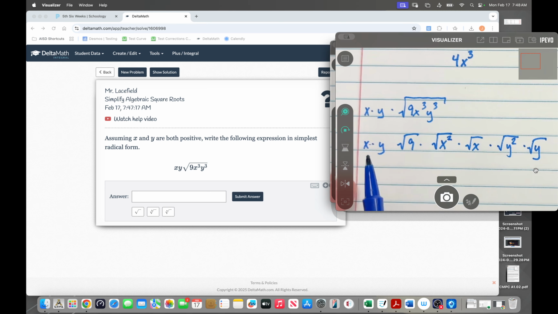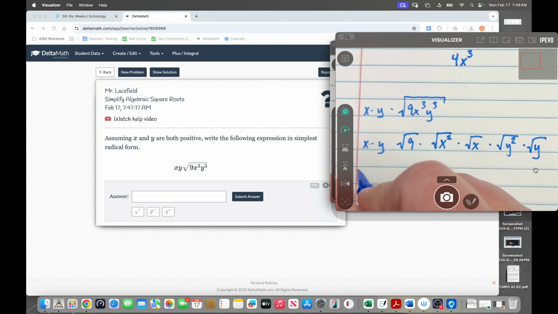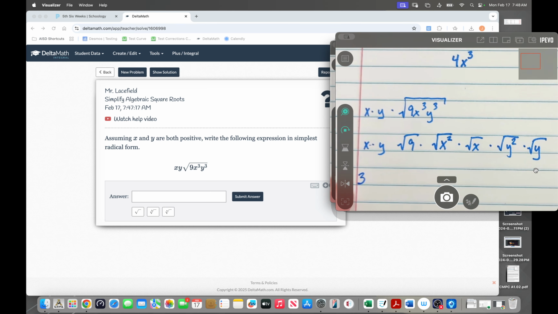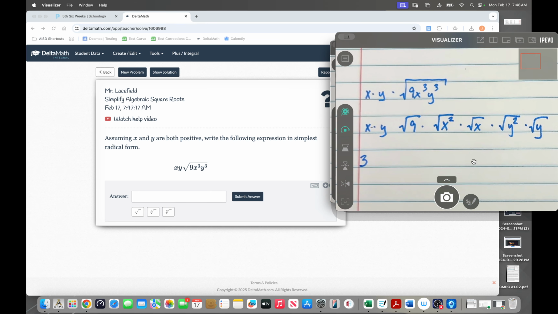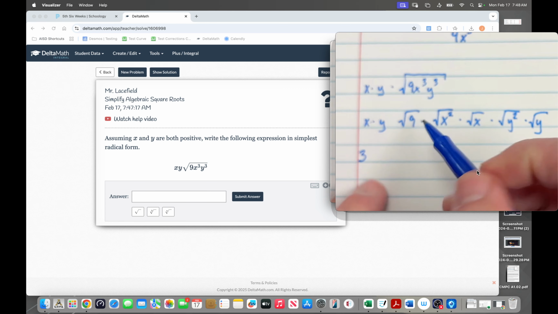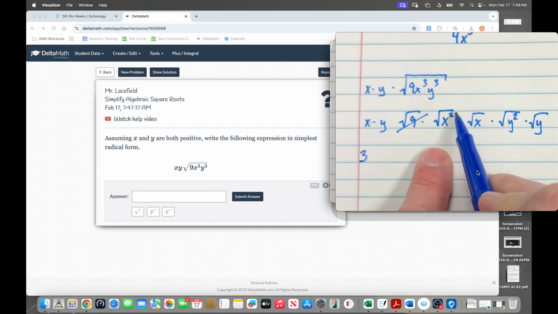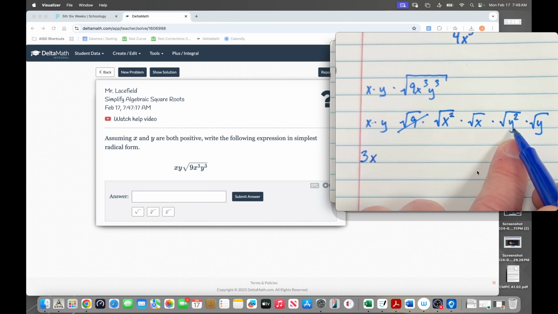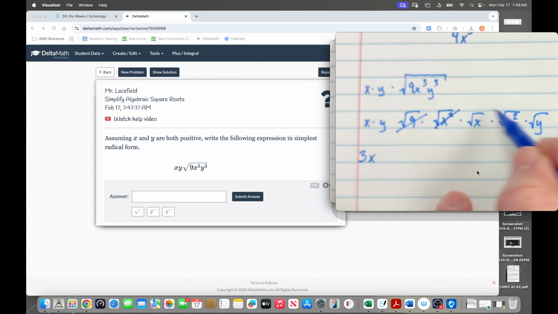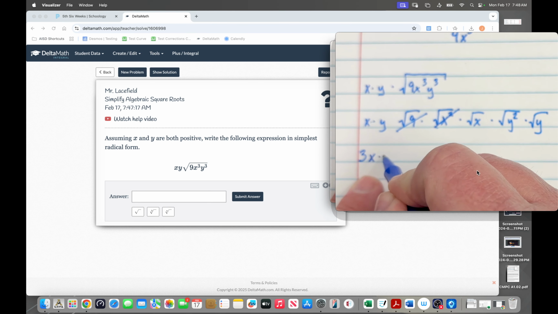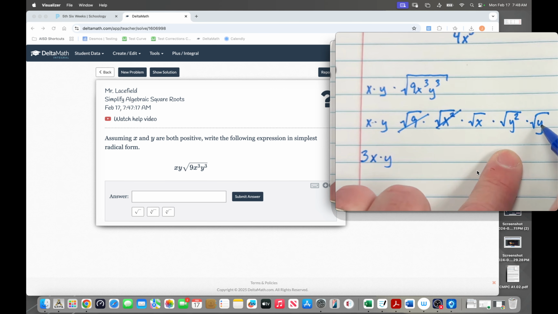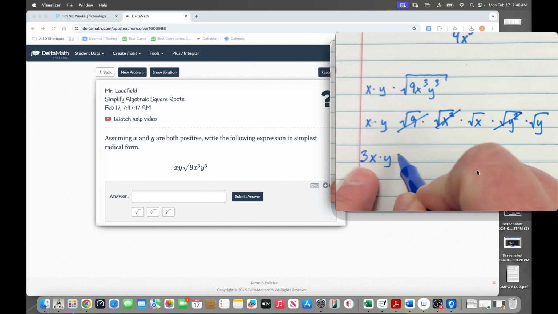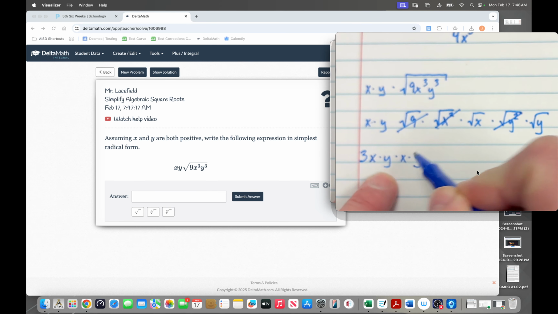And then we just go through and start cleaning up. Nothing to do with the outside yet. We have square root of 9 that goes to 3. So we're going to put that at the very beginning. X squared just goes to x. Y squared goes to just y. And then we still have times x times y.